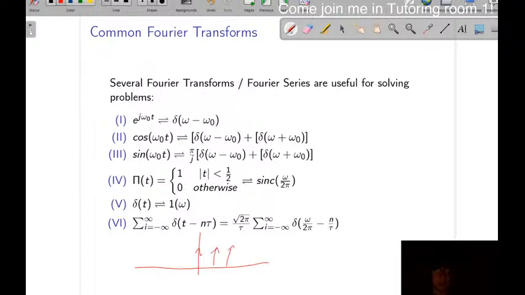If we have an infinite sum of delta functions, then we also get an infinite sum of deltas in the Fourier domain, and these are all regularly spaced.